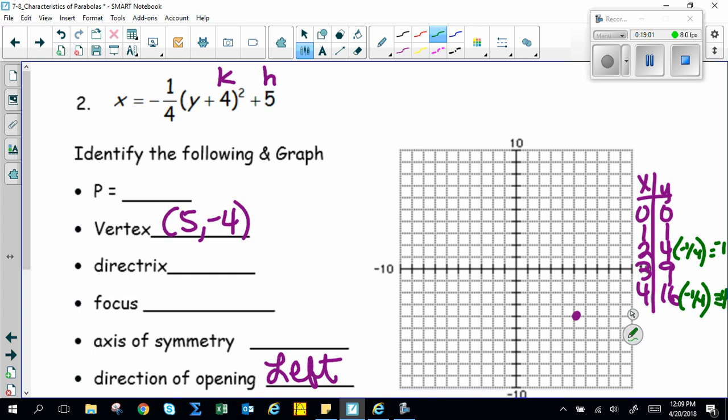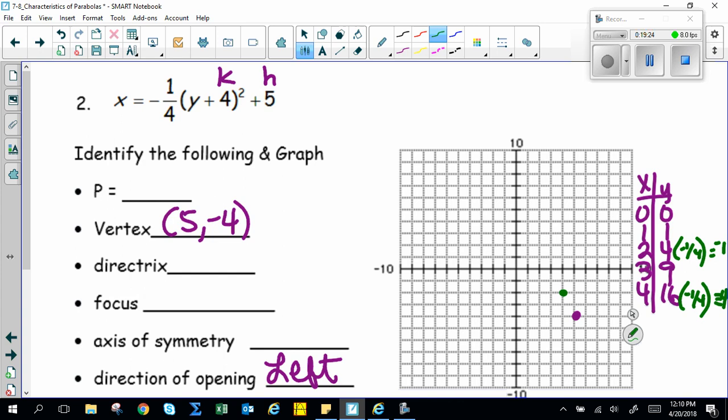Knowing that we have to go to the left. And again, if it were me, I'd probably just take my paper and turn it, this time turn it 90 degrees clockwise, and then do what you're used to doing. But I can't do that with my big board here. So from my vertex, I'm going to go over 2 and up 1.